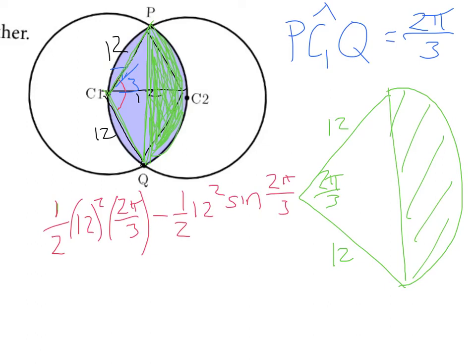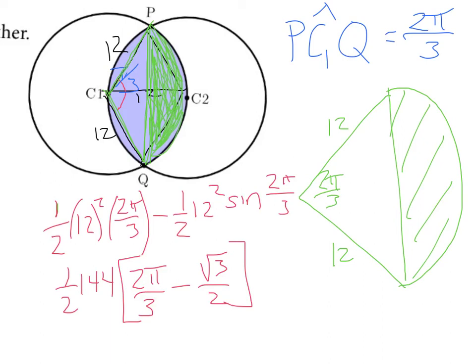So 1/2 12 squared, I'm going to go ahead and factor that out again. So 1/2 times 144 times 2 pi over 3 minus sine of 2 pi over 3. Okay, so unit circle says the sine of 2 pi over 3 is, I hope you're thinking, square root of 3 over 2.